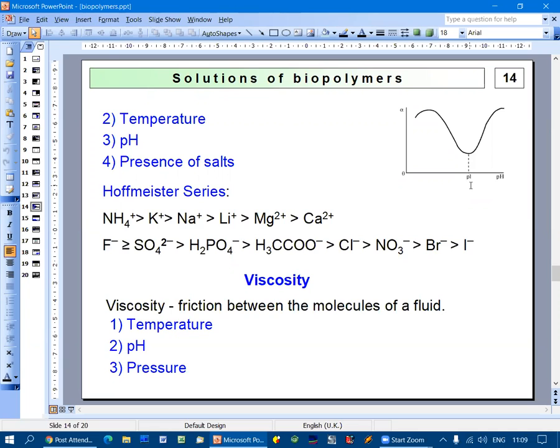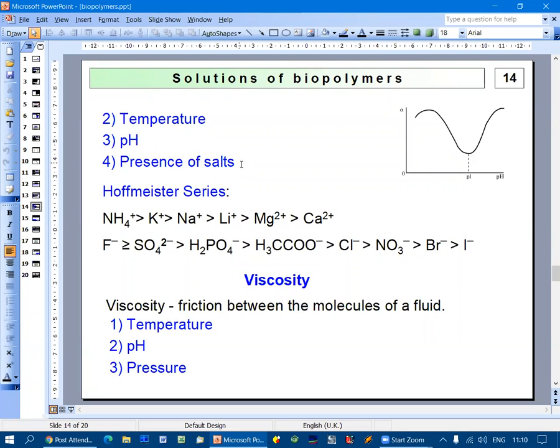Then for a protein with a lot of functional groups in side chains, how will you calculate this isoelectric point? This is one of the methods.